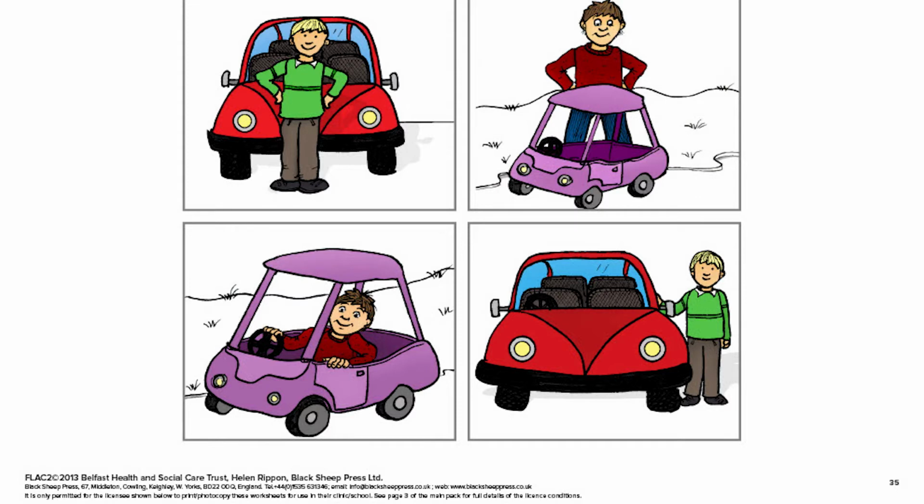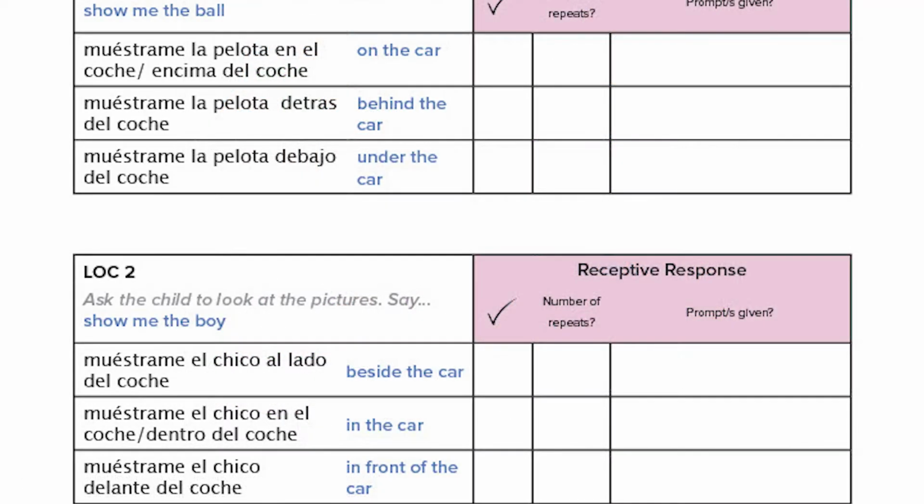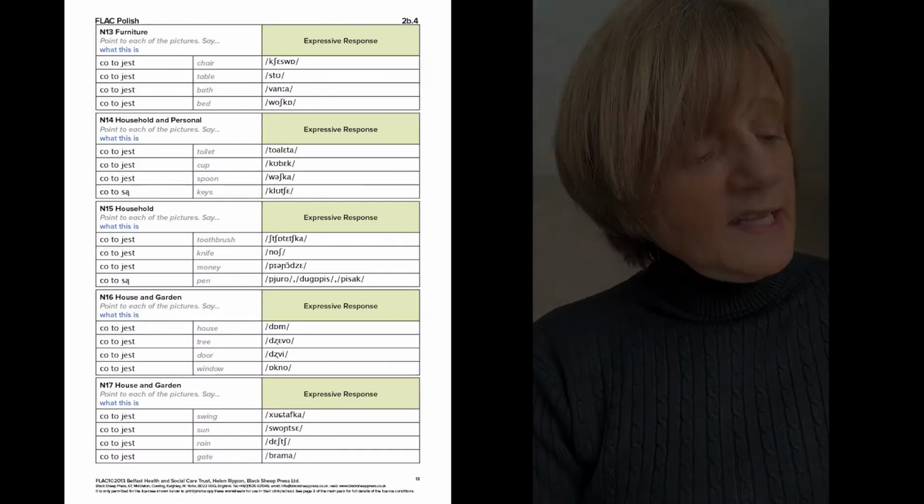And you will see when you look at the location receptive language assessment in Spanish, there isn't actually a difference in the content of a question to a child which asks them to show you a boy in a car or a boy on a car. So we have split that contrast across two different activities so that we still get a contrast with other position words.